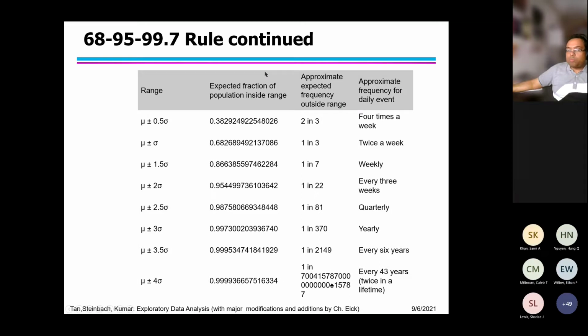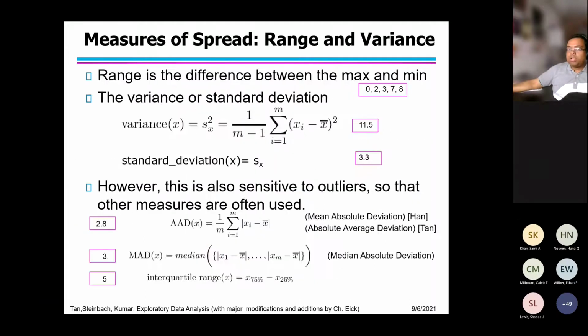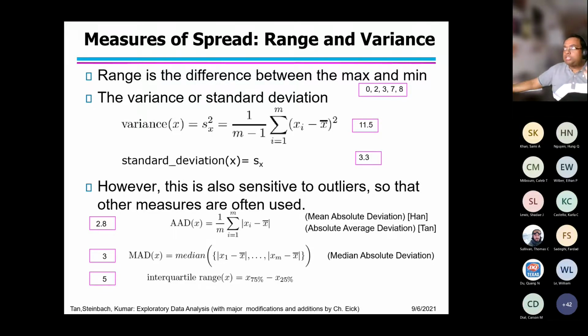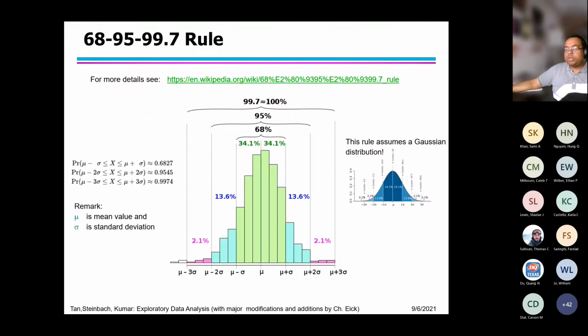So once we have these measures of location and measures of spread, which are summary statistics, next we need to figure out the relationship between all your different data points.